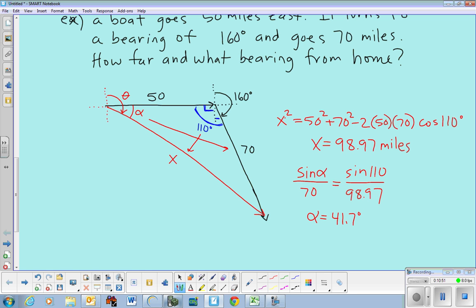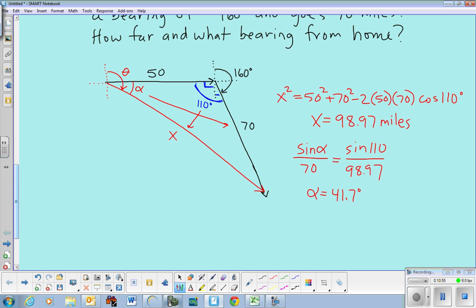Now, don't forget, that's not my final answer, that's alpha. The bearing, the direction of this red resultant (when you add two vectors, it's called a resultant), the direction of that 98.97 is a bearing that's this theta right here.